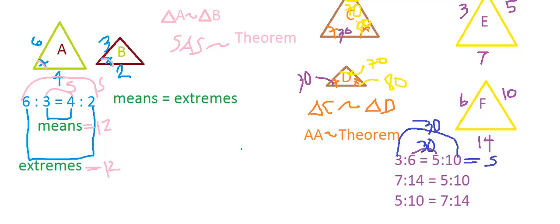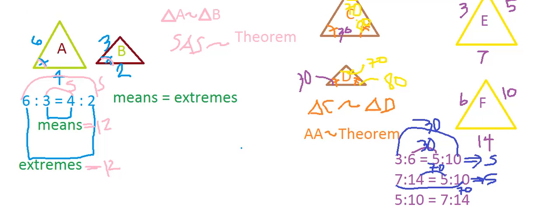So we've got the first side. What about here? 5 times 14, this is 70, right? How about this one? Is this 70 also? Yes, for sure. So the next side, they are also proportional.